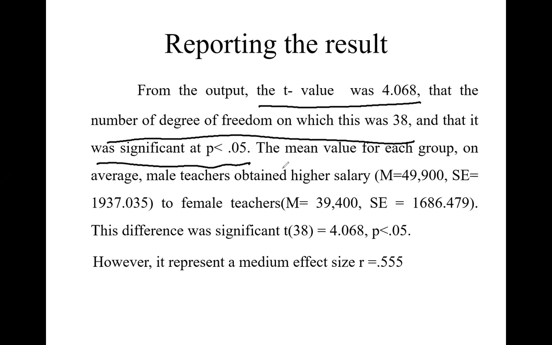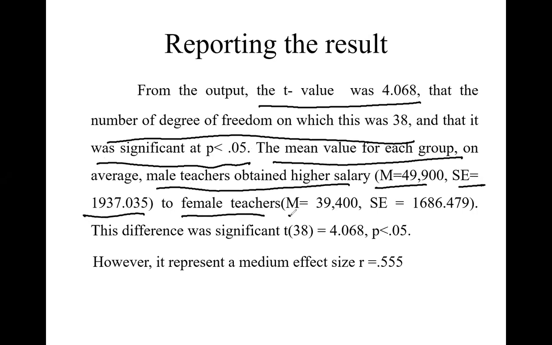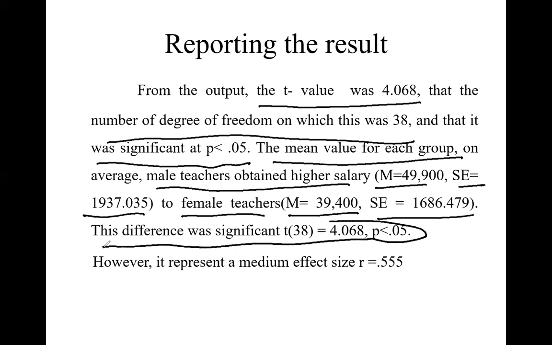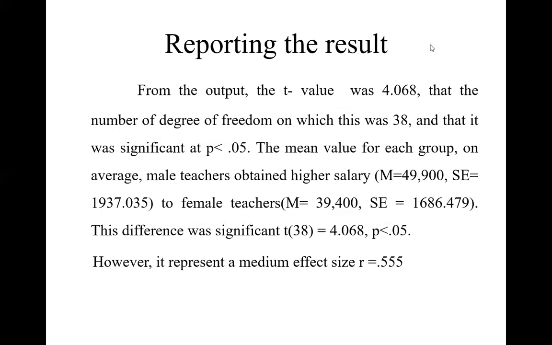Now we will write the mean value of each group. We can say male teachers obtain higher salary, giving the mean value and standard error, and then the female teachers' mean value and standard error. Now we can say this difference was significant and we will write this. So this is the way to present the reporting of the result of an independent t-test.